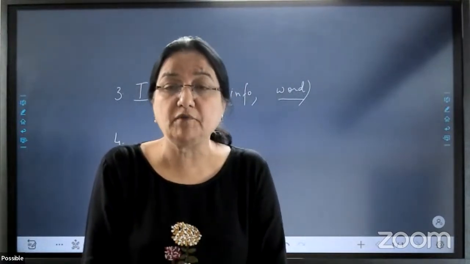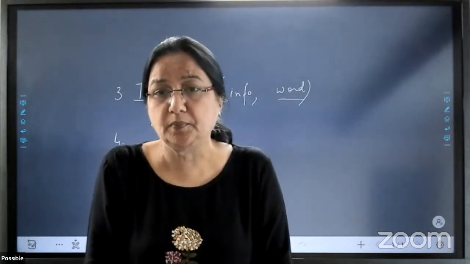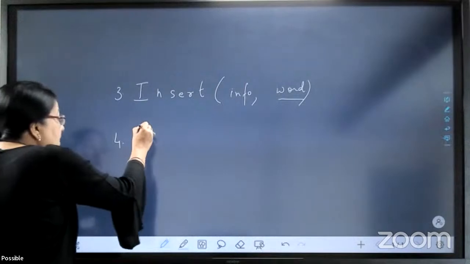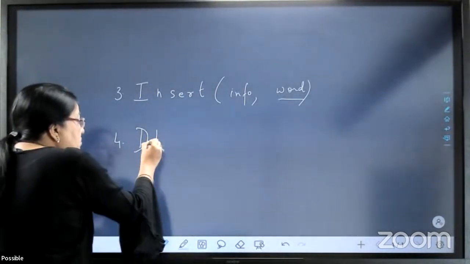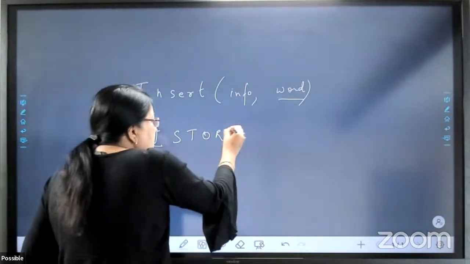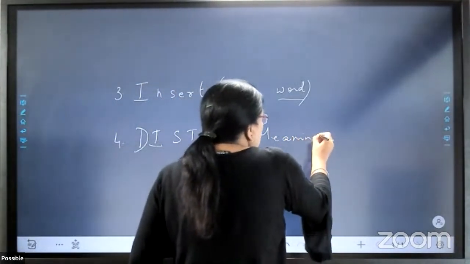You will also be very careful that you don't bring in any examples. And the fourth point that we really need to understand is that it should not distort. That means the meaning of the line should not change.